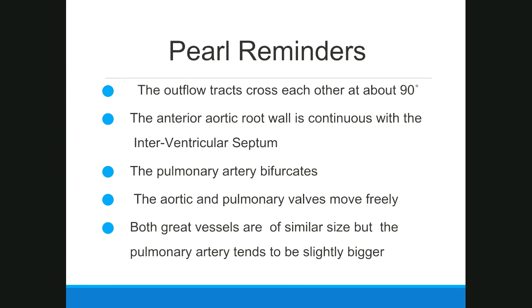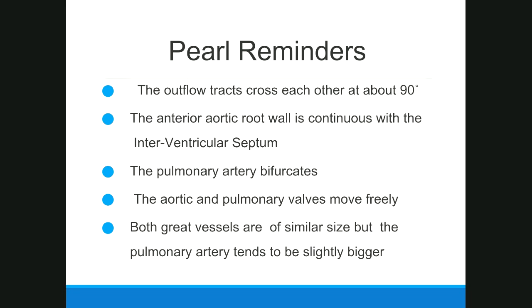The pulmonary artery bifurcates and the aorta does not. The aorta has branches, but the vessel itself does not bifurcate until you get way down low into the iliacs. The aortic and pulmonary valves should move freely, as well as the mitral and tricuspid valves.